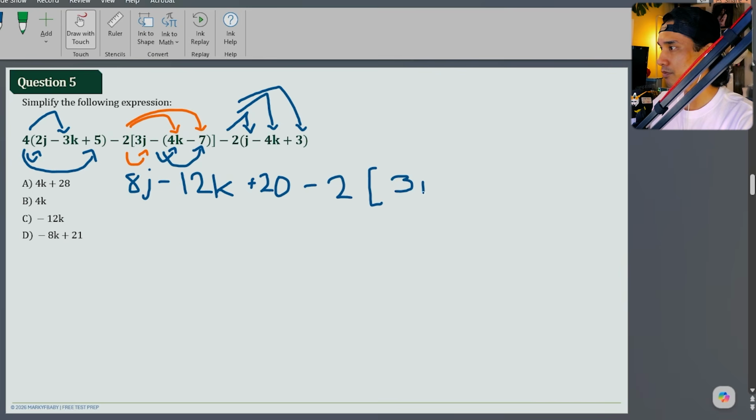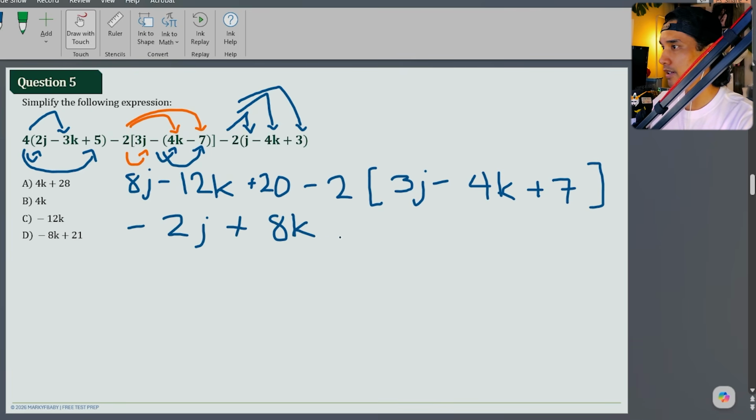I'm going to bring over this 3j, and I'm not going to do anything with that yet. And then I'm going to distribute this negative. So I have negative 4k, and then plus 7. And I'm going to bracket this. And then I have minus 2j plus 8k minus 6. Okay, I think I've got everything.